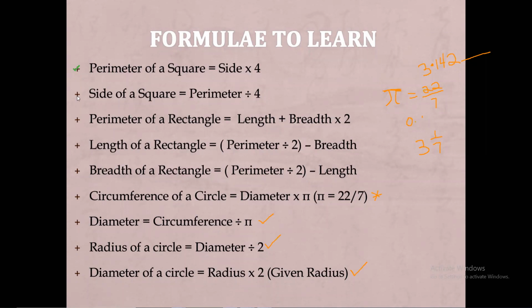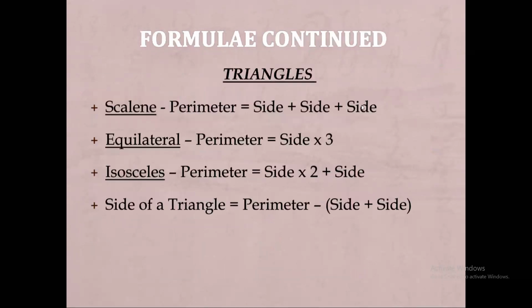Perimeter of a square, finding side of a square, perimeter of a rectangle, finding length of a rectangle, finding breadth of a rectangle. 1, 2, 3, 4, 5. Definitely you need to learn. In addition to which, these will come.